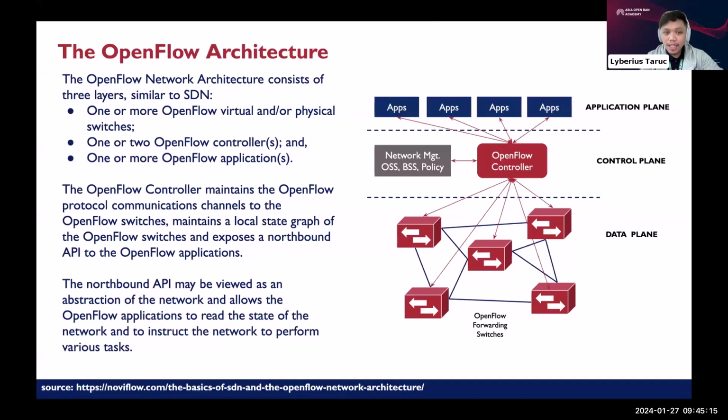It maintains a logical or local state of the OpenFlow switches. It exposes the northbound API to the OpenFlow applications, so then the northbound API can be used by the applications themselves to instruct the network to perform various tasks. So you'll notice that the OpenFlow architecture is actually mirrored as to how you would see the SDN architecture as well.